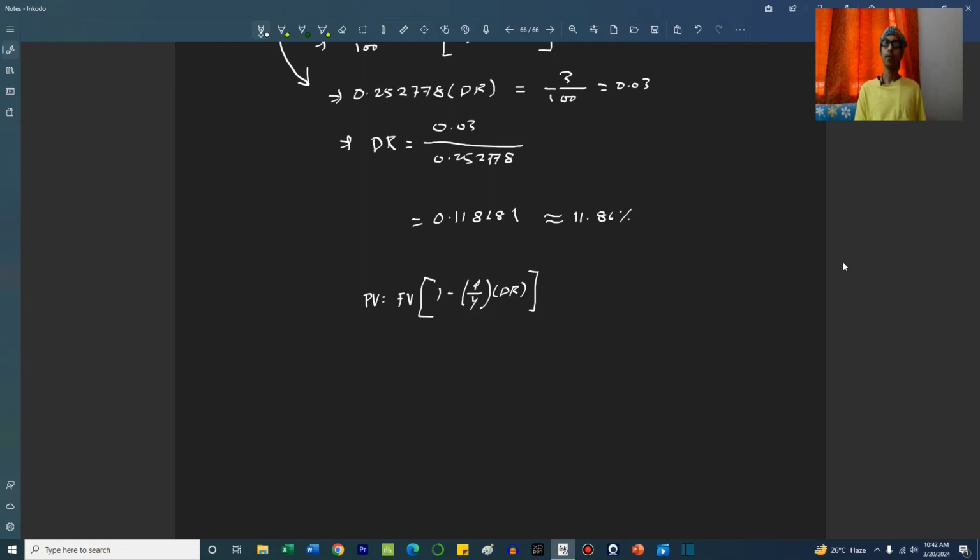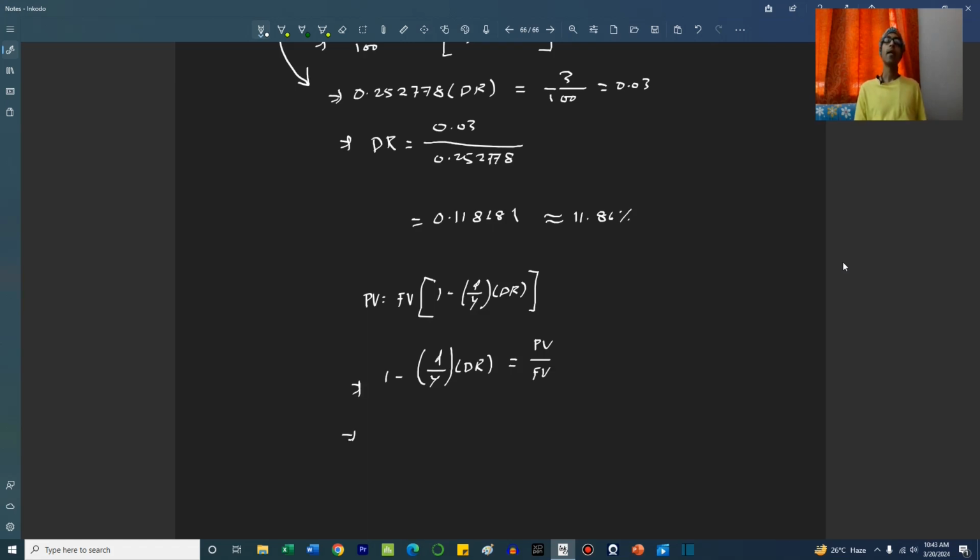How do we do that? So here we divide both sides by FV. This becomes 1 minus d by y into DR is equal to PV by FV.